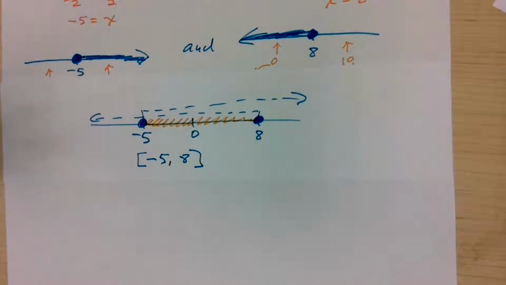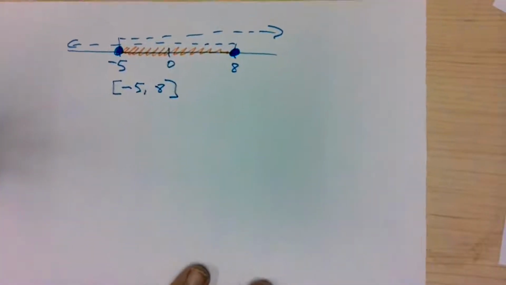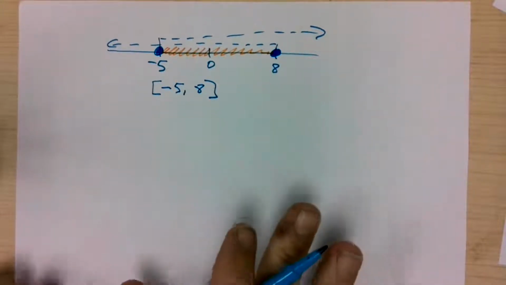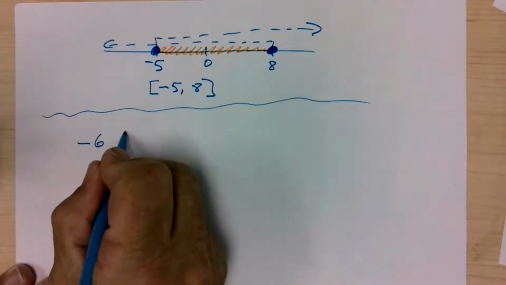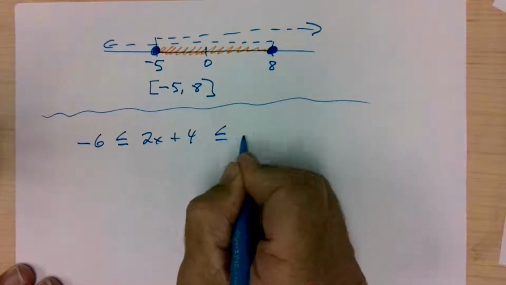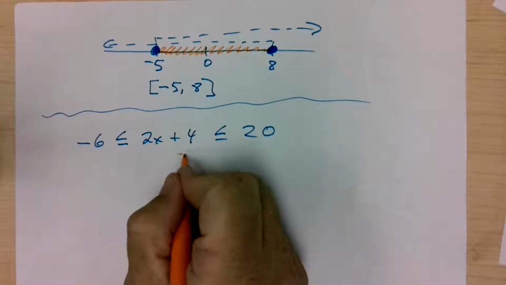Now, there is a much shorter way to do it. I'm not thrilled with that strategy because I think it loses meaning, but I do feel that I should show you that. So what I will show you next is the way that this is taught traditionally. -6 less than or equal to 2x plus 4 less than or equal to 20 is done sort of like an equation.